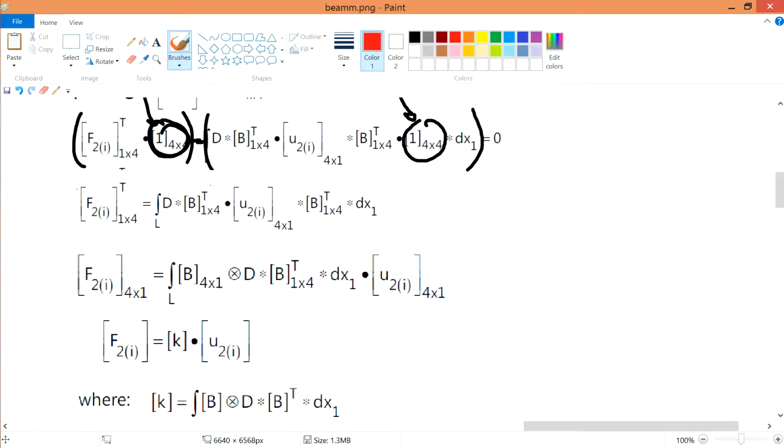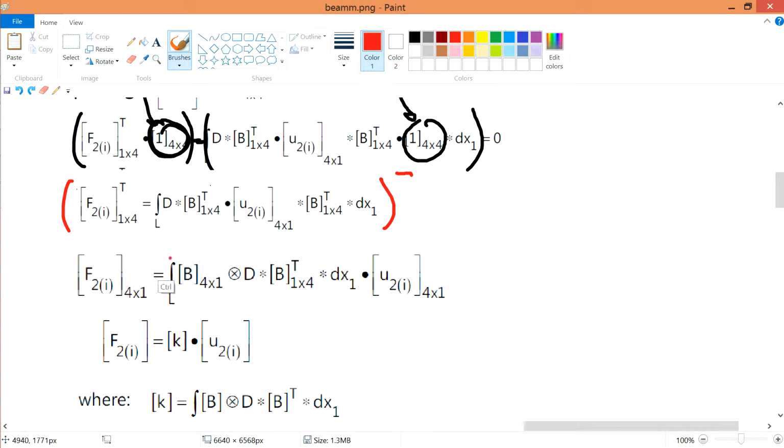We are almost there. This is where we stop, and I'm going to do something with it: I'm going to transpose this thing. If I transpose this whole thing, this transpose with this transpose, it becomes just like this. If it's 4 times 4, when you transpose you'll have 4 times 1.